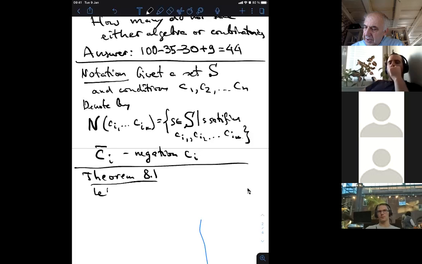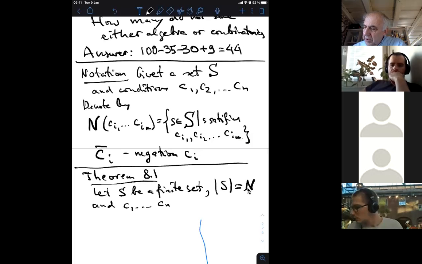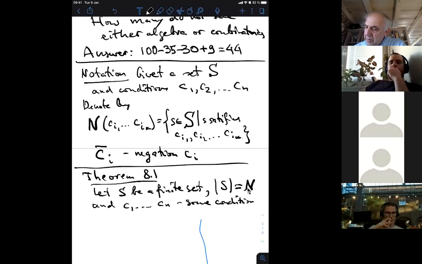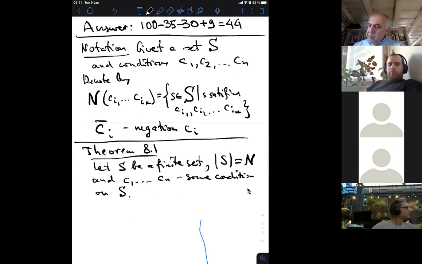So let S be a finite set of cardinality, or the number of elements, capital N. And C1 through Cn would be some conditions on S. Then I want to count how many elements in my set S do not satisfy any of these conditions.